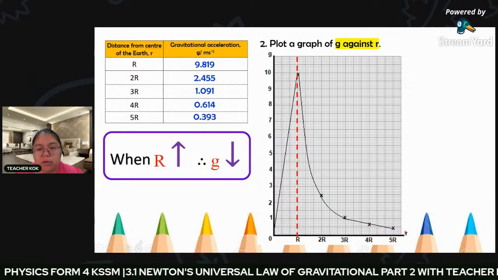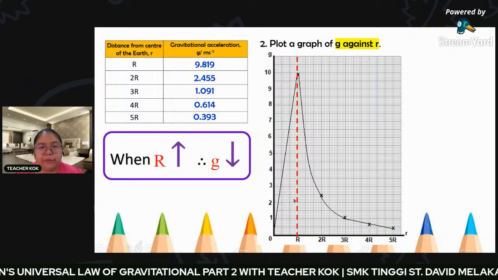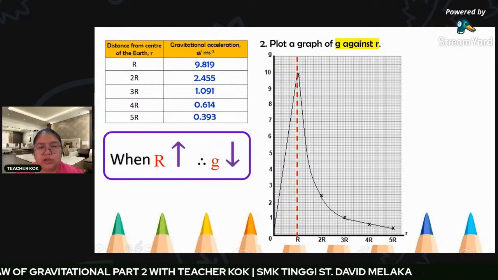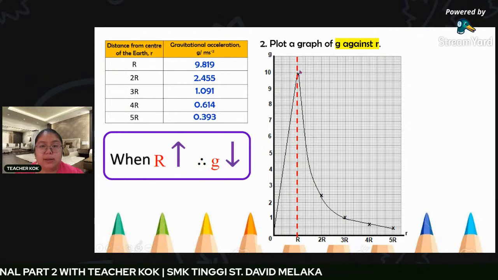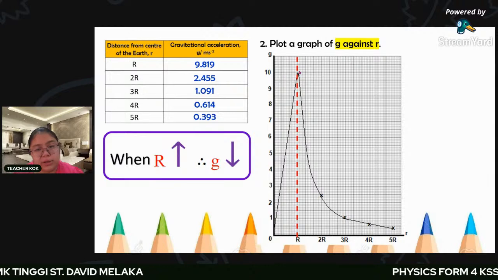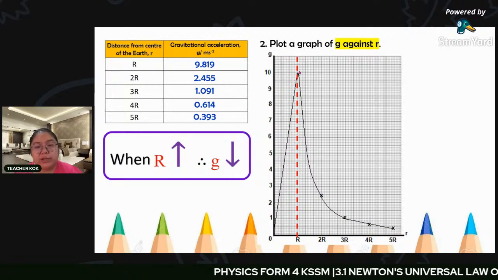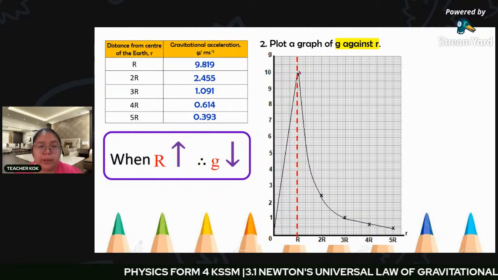It just drops, then flattens. So we can conclude that before the surface, the gravitational acceleration keeps increasing up to 9.81. After the surface of the Earth, the gravitational acceleration keeps dropping.